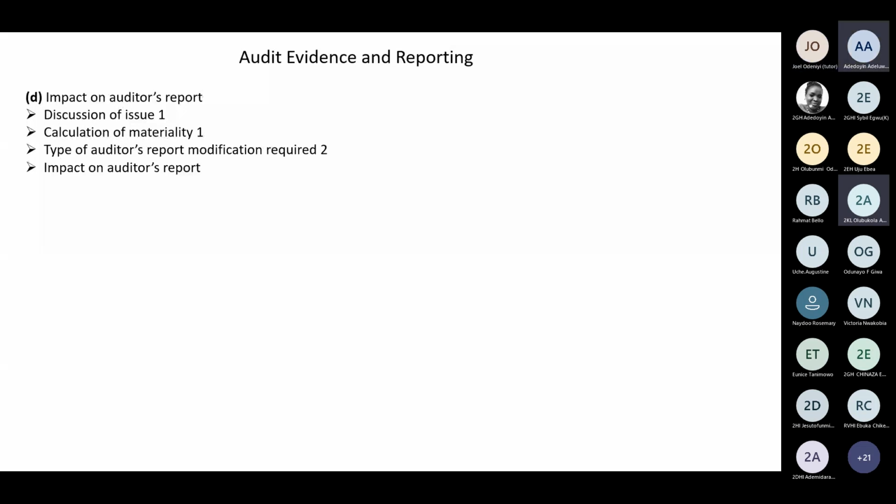So what if it has not been disclosed properly in the financial statements? That one is a ground for giving a modified opinion. So you're now going to check this non-disclosure of this material uncertainty affecting the company's ability to continue as a going concern.